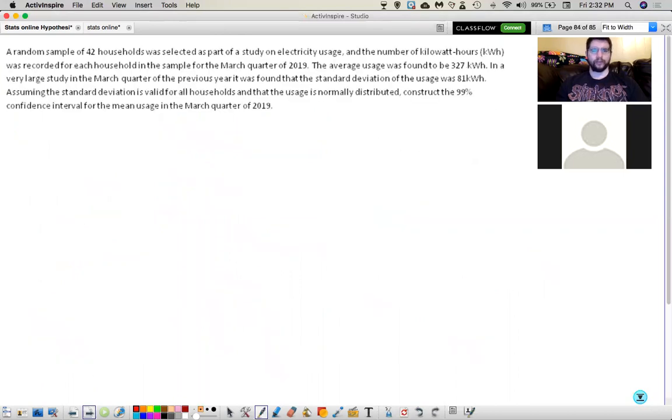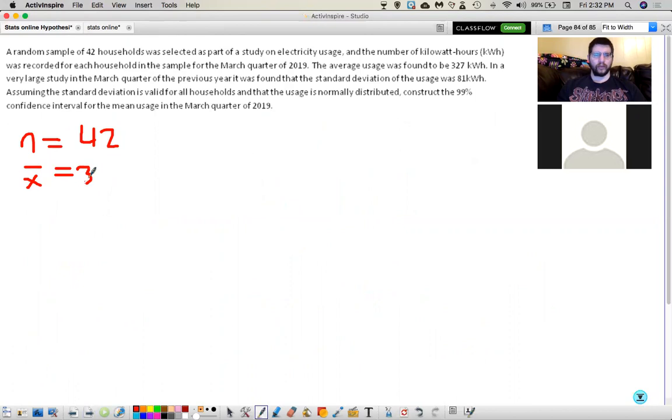So let's look at this one. A random sample of 42 households was selected. So we'll go ahead and write down stuff. And the number of kilowatt hours was recorded. The average usage was found to be 327.